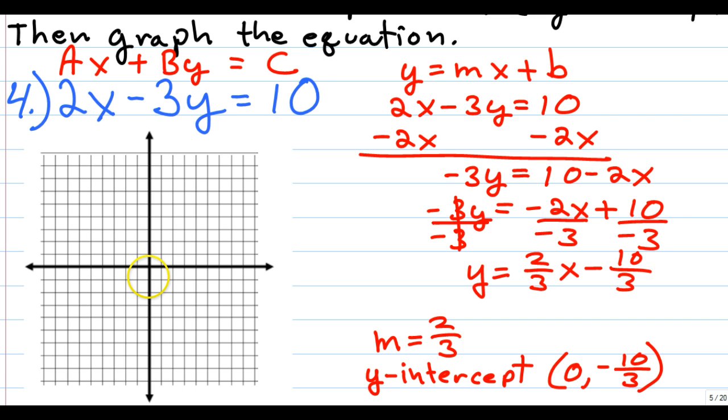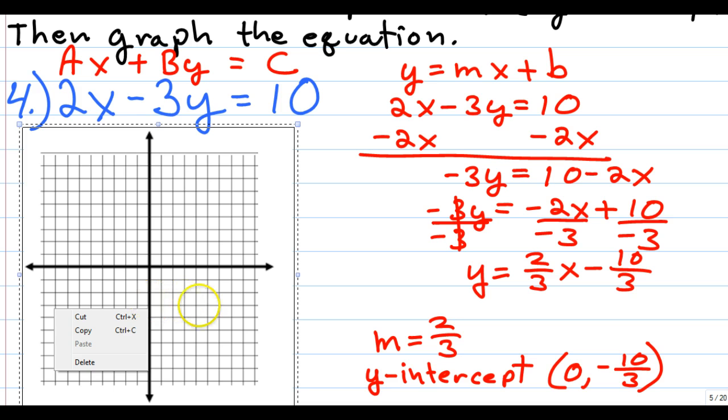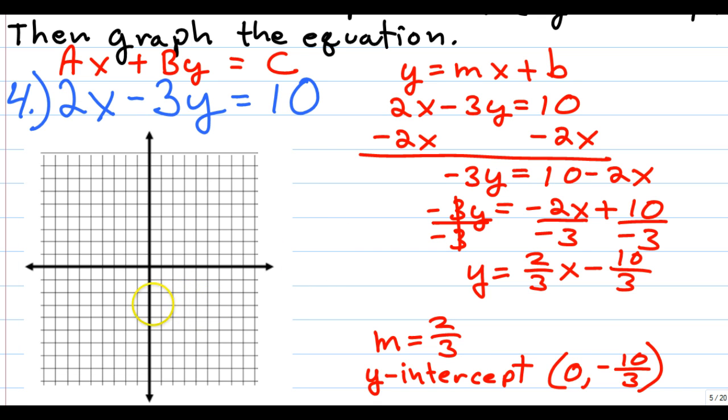So we're going to come down 3 places, 1, 2, 3. Then we know that we're going to come down about 1/3 of the way, not quite touching the next point. All right, so we're going to label our point as 0, negative 10/3.